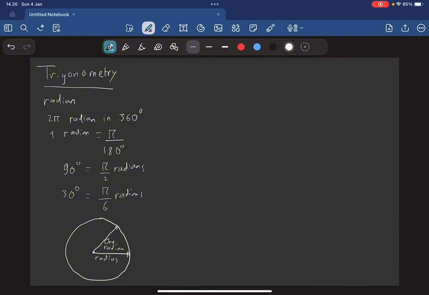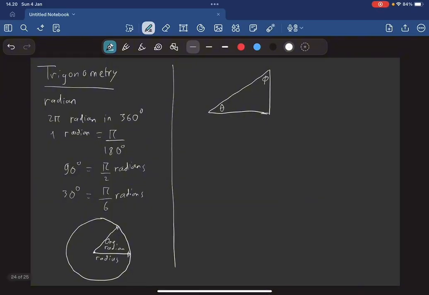The trigonometric functions are defined in terms of properties of right triangles. A right triangle with segments and angles indicated.